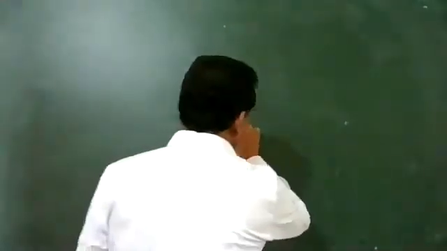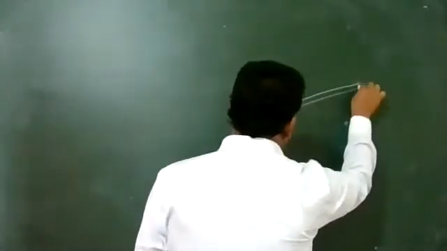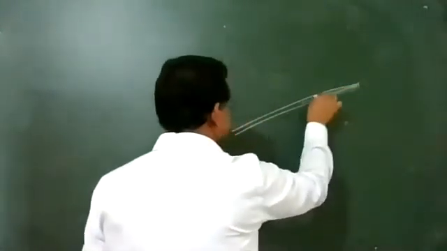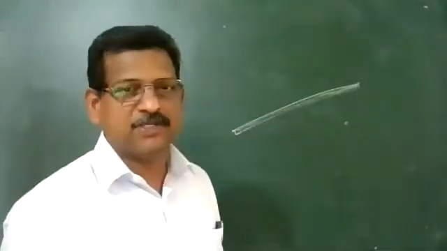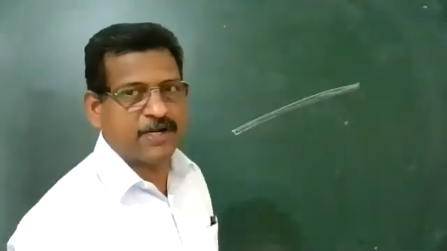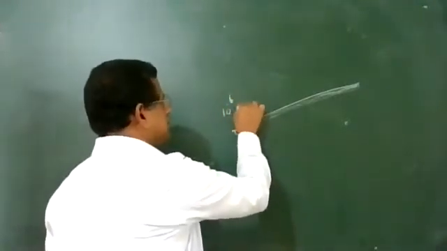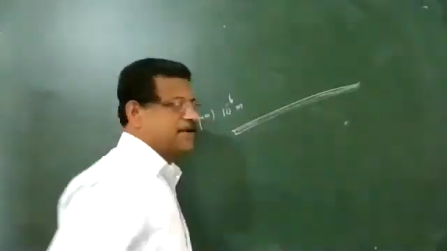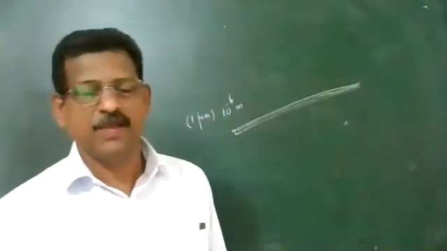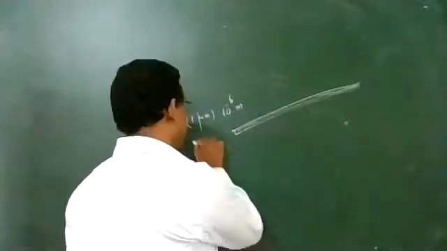Suppose this is your one strand. This is your fiber, and the diameter of this strand is of the order of 10 to the minus 6 meter, that is 1 micron diameter, and our refractive index n equal to 1.5.